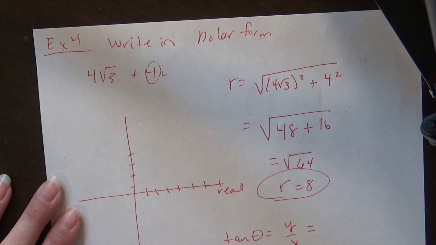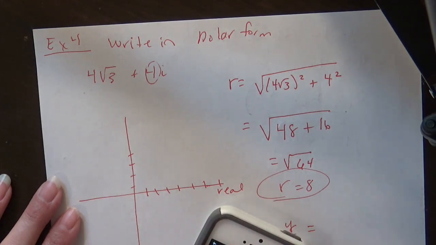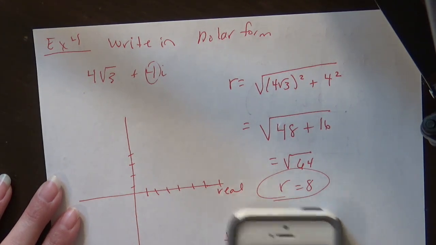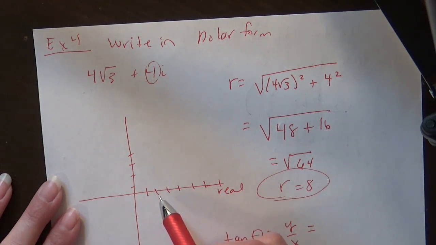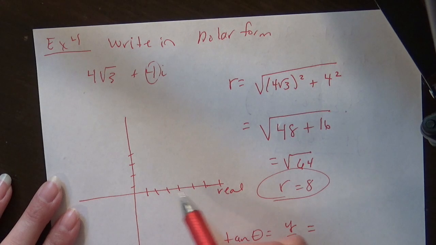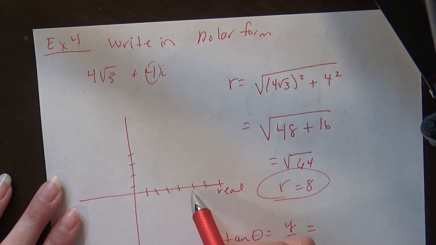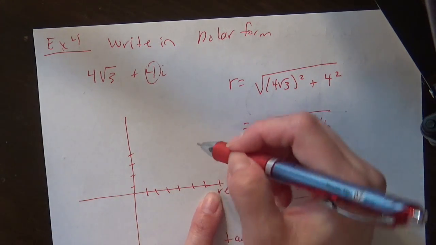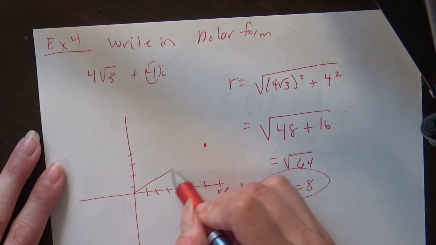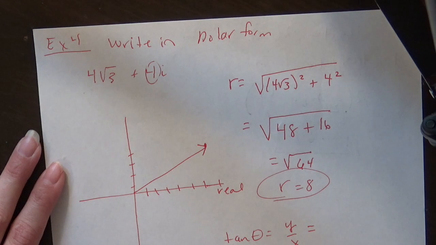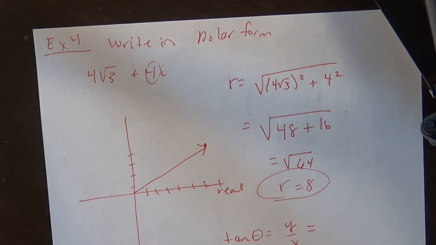I don't have my regular calculator with me today, so it's going to be about 6.5, roughly. So the real part is about 6.5. So right there, and then it's going to be up around here. Okay, so that's what my vector looks like for that number.